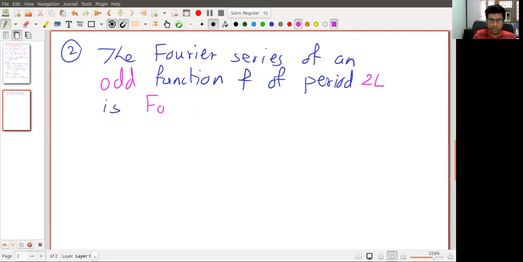Fourier sine series means Fourier series containing sine terms only.